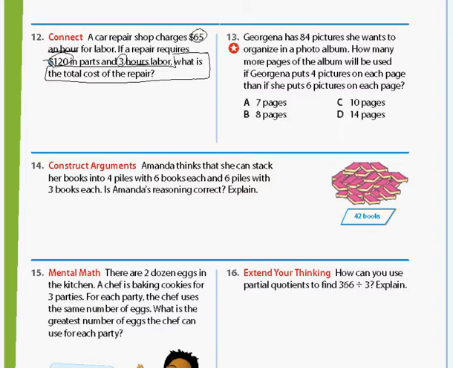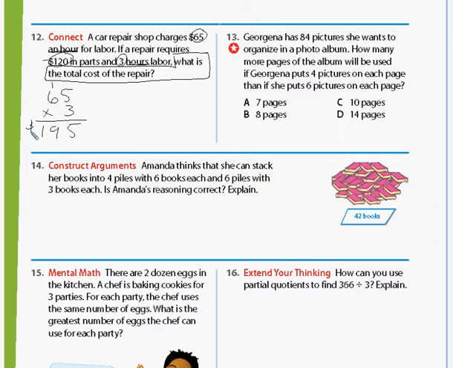That's a two-step problem. First, we need to figure out how much the labor is. That's going to be 65 times 3. 3 times 5 is 15. Carry my 1. 3 times 6 is 18, plus 1 would be 19. So it's $195 in labor.